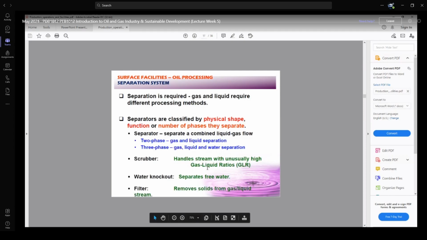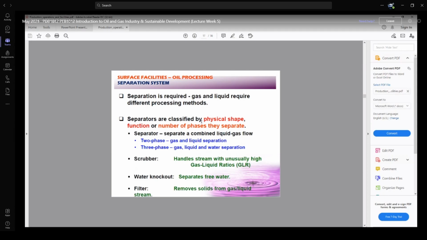Okay, so the separation, as we discussed earlier, is required for the gas and the liquid to be processed and separated out in the processing method. So the separator is used for this purpose.